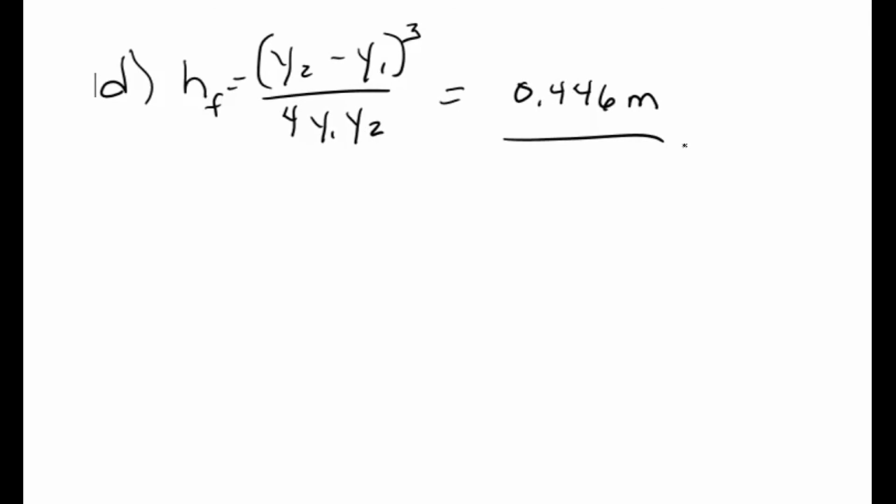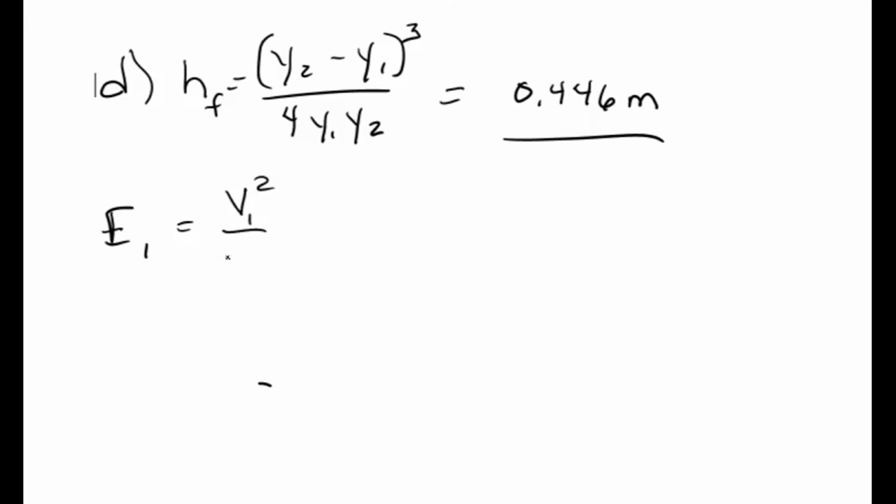So those are our head losses, but that is not exactly what it was asking for. It wanted a percent of dissipation. A percent of what? That would be the original energy head that we had before we got to the hydraulic jump. So E1 is going to be, and we're always using the top, the free surface, for our energy equation. So P is going to be 0, so we can skip the P term.